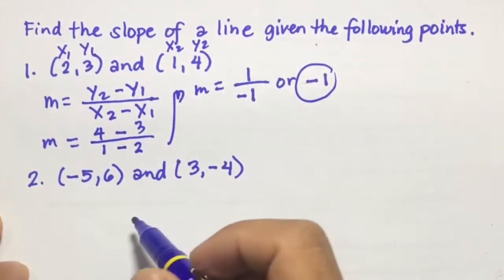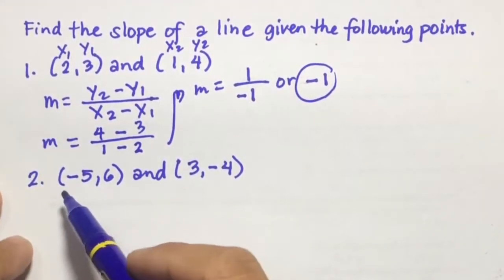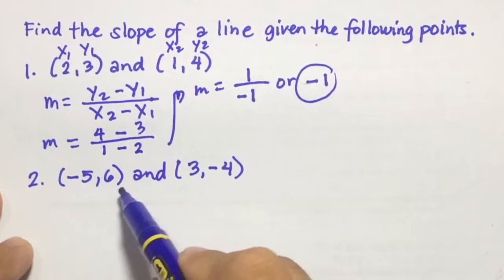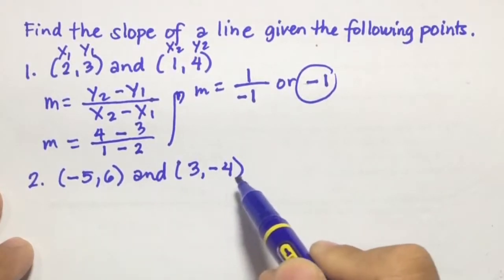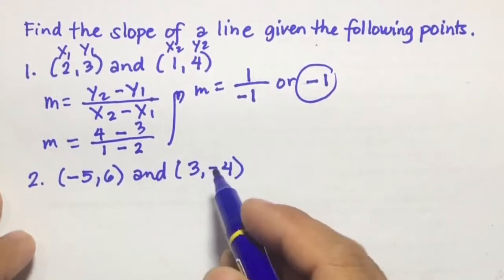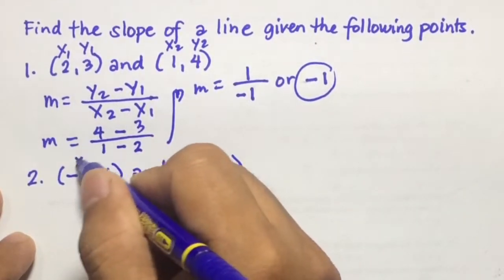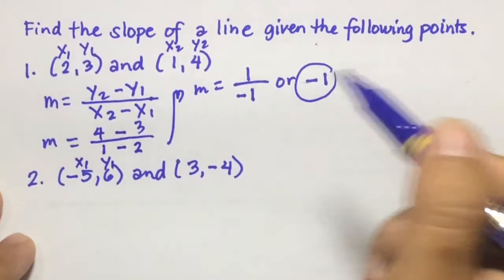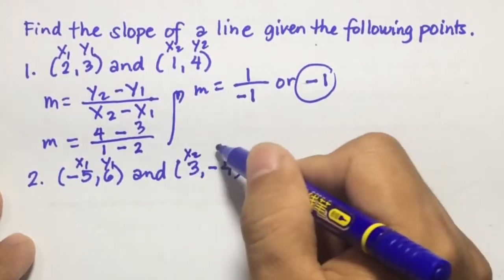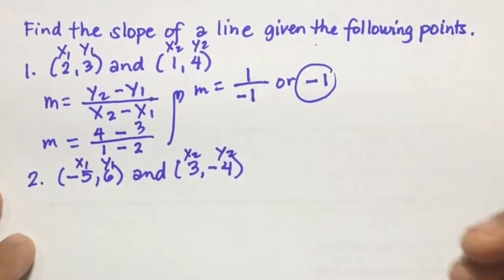Then number 2, the line passes through points (negative 5, 6) and (3, negative 4). So we're going to find the slope. First, determine x sub 1. This is x sub 1, y sub 1. Then this will be x sub 2, y sub 2.